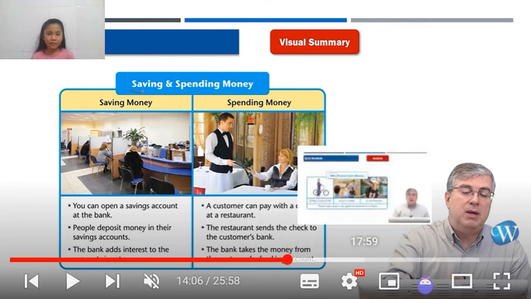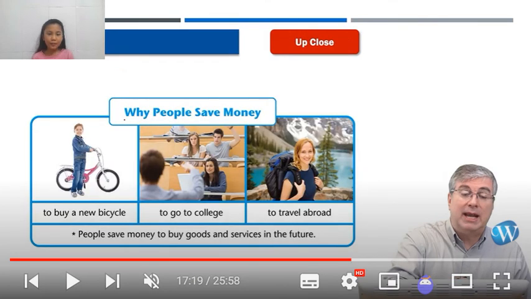Okay? Next, why do people save money? To buy a new bicycle. Do you love to ride bicycles? If you do, you should save your money to buy a new bicycle. To go to college. Many people, if they want to go to college, will need to spend a very big amount of money.